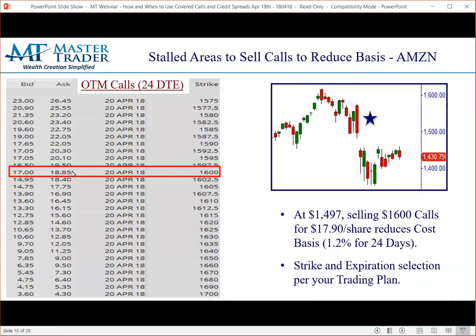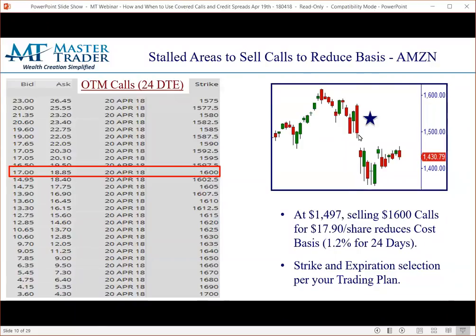Let's continue. So the quote, I had to go back to get these quotes, so they're kind of spready right now when I pull them up on the Thinkorswim platform. So $17 by 18.85. And we always try to get the midpoint in there, so that's the assumption I'm going to make throughout these slides.